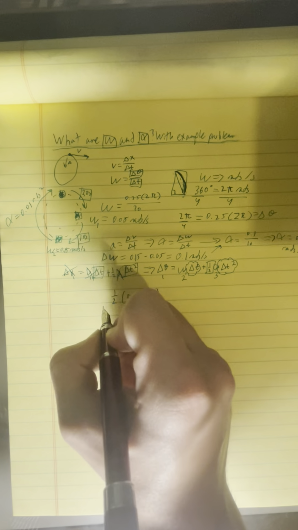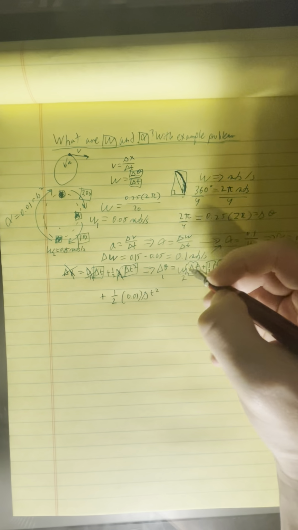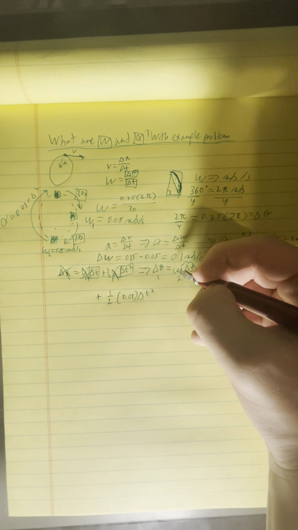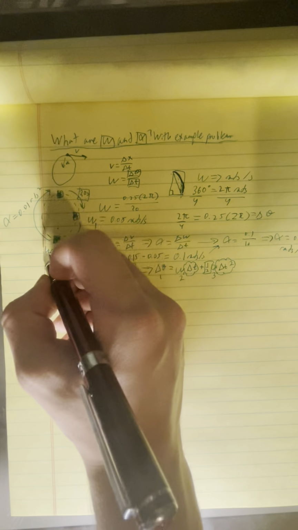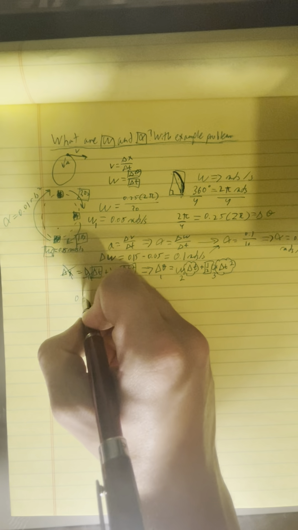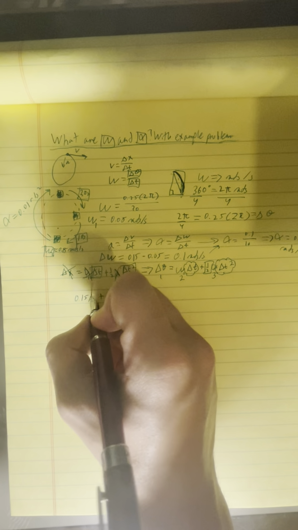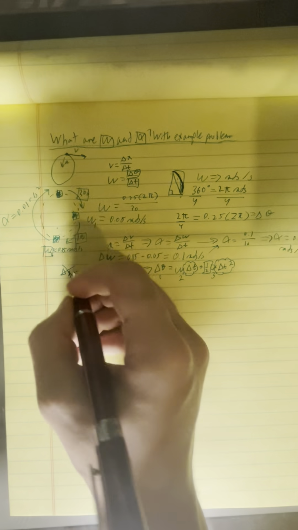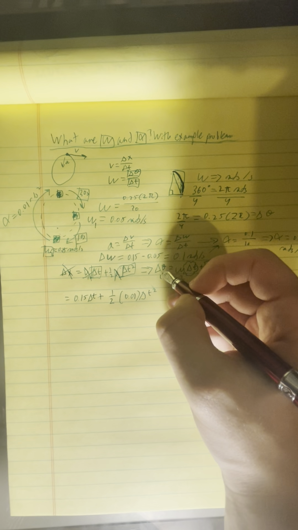Times delta t squared. Now this is plus the initial angular velocity, which for the purposes of this, we're only going over this half circle here. So we're going to use this as our initial angular velocity. So 0.15 radians, and that's times delta t. So 0.15 delta t. And this is all equal to our change in angular position.